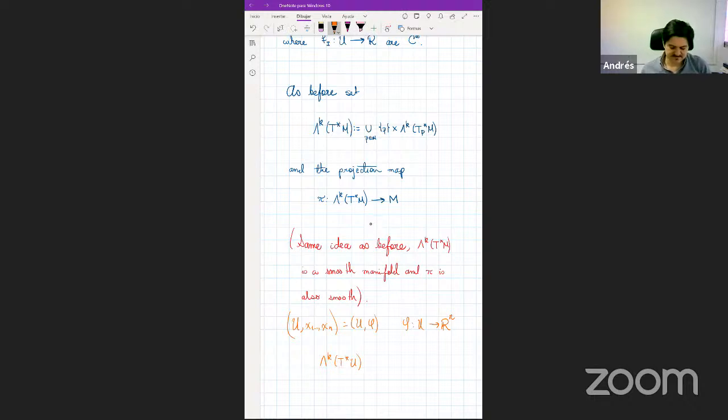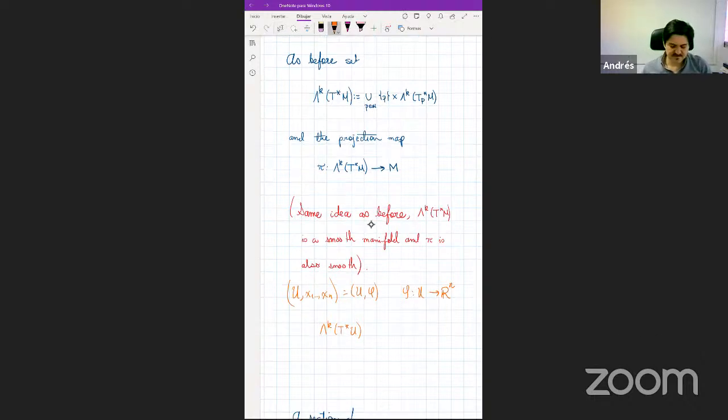So this is a point and a differential form on U. Oh, sorry, this is now a number.